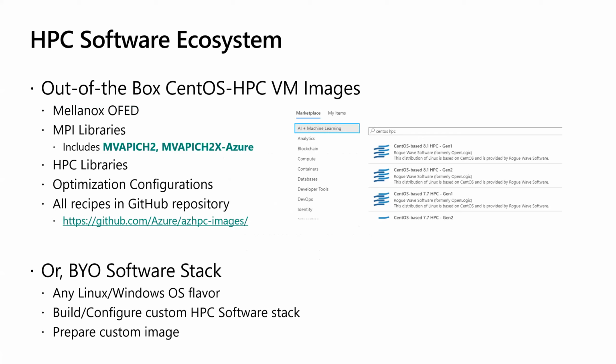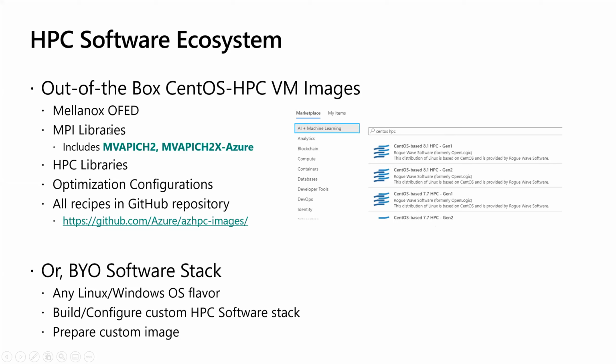These CentOS VM images, when you create a VM or deploy a cluster, you can select from the marketplace. For example, if you search for CentOS HPC, you'll see the different images, generation 1, generation 2, CentOS 7.6, 7.7, 8.1 HPC images.